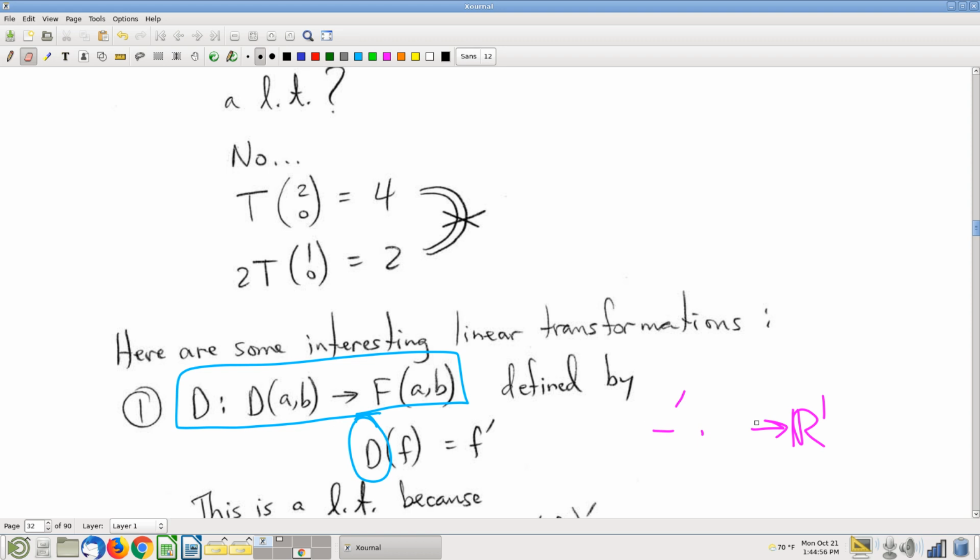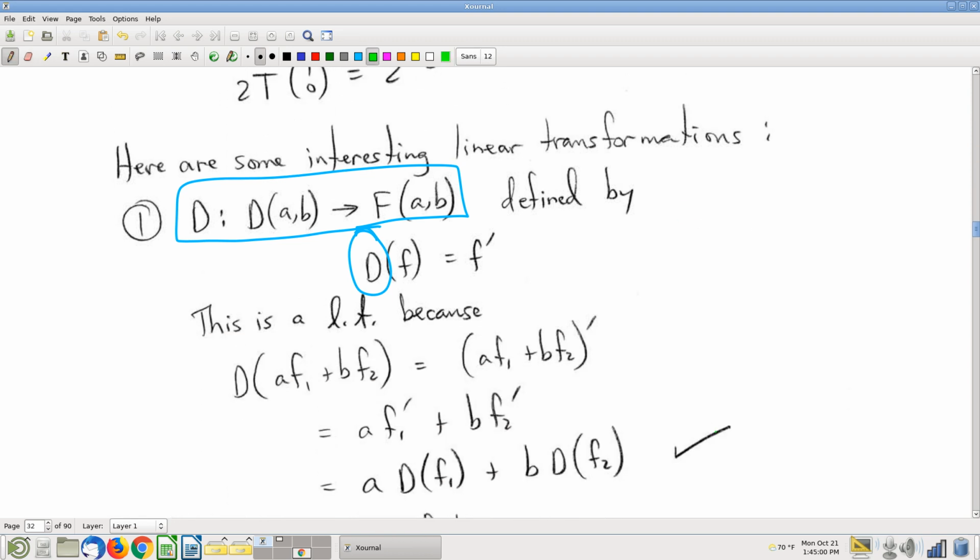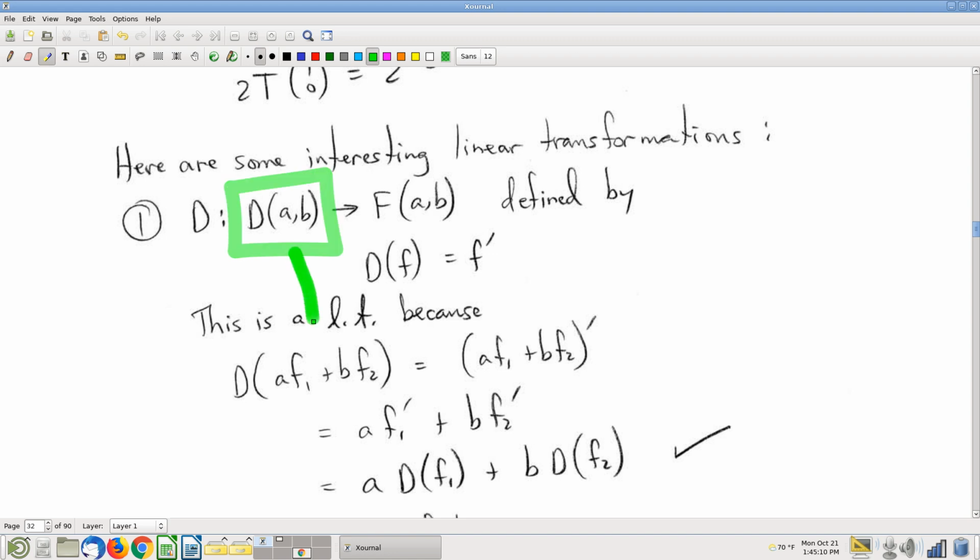Okay, and you can see that in how the proof works out. The way we confirm that this is linear is we look carefully at this D function. Note what its domain is. Its domain is that vector space. We do a linear combination of inputs from the domain, of course, that's where inputs live. So we're doing a linear combination in that vector space.